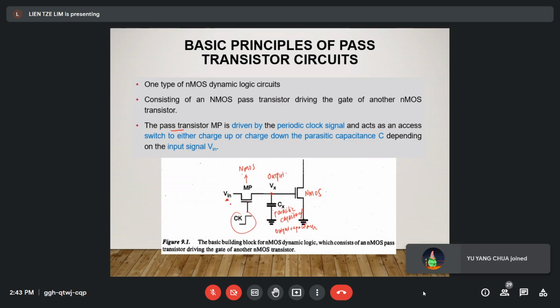When the input is high, there will be current flow, and the capacitance will be charged up. But when the input is low, it will work the other way around. Later the operation of this circuit will be explained.